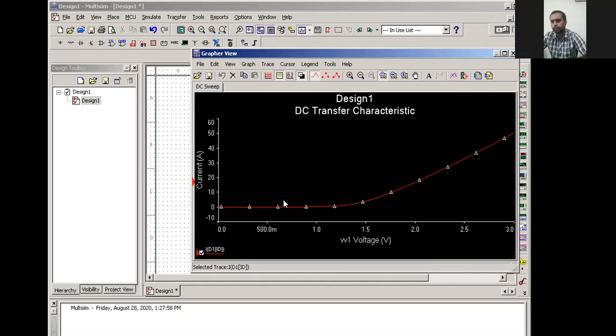First the voltage is increasing. After that, at a particular point, the current starts to increase rapidly and the voltage increases slowly. This is the graph of the PN junction diode. Okay, thank you.